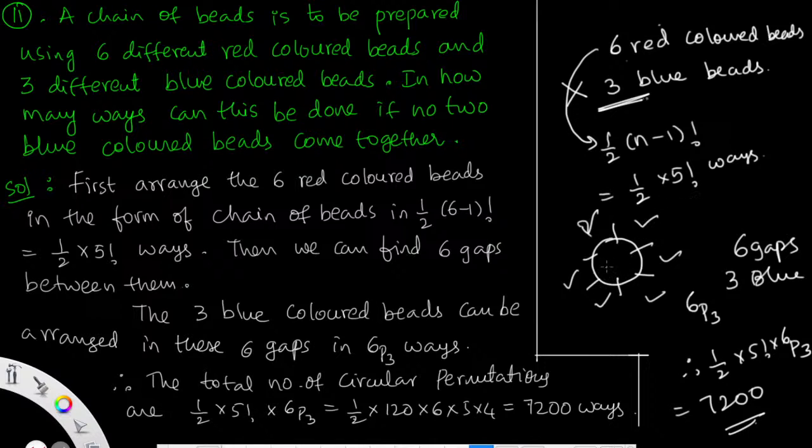Then how many gaps can we find? Six red colored beads give six gaps. In these 6 gaps you can arrange the 3 blue colored beads, that can be done in 6p3 ways. Therefore the total arrangements are half into 5 factorial into 6p3 ways. This is question number 11.